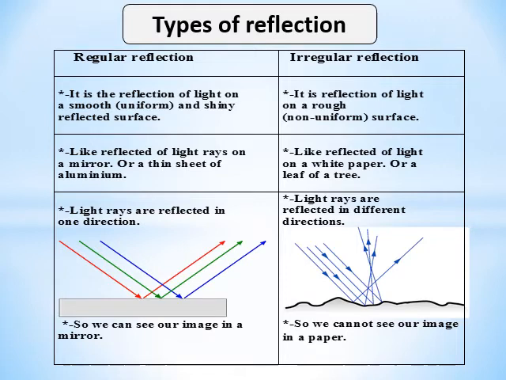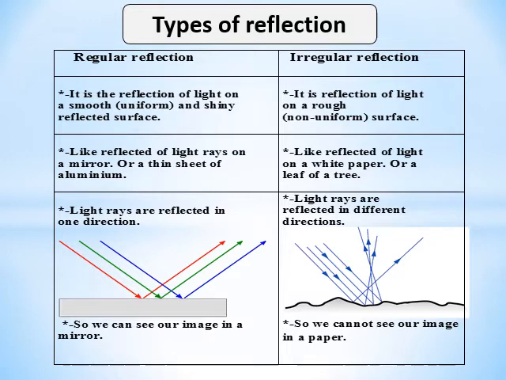Okay? So in regular reflection, we can see our image, like in the mirror. When the light falls on the mirror, considered a smooth and shiny surface, all light rays will reflect in one direction.